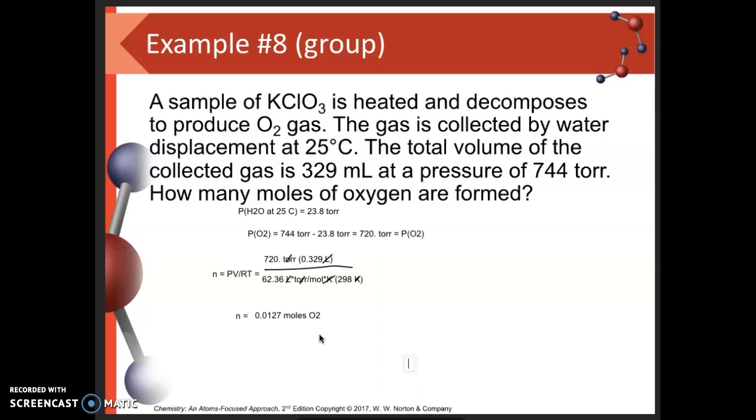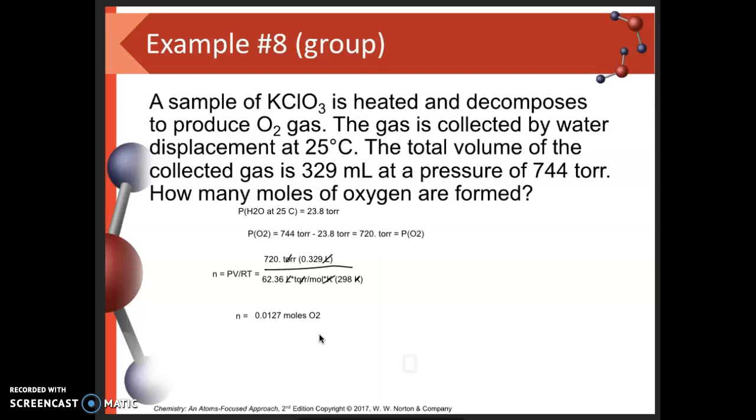I want to end our discussion of gases talking not about a gas law, but about some assumptions we've been making along the way. One of the reasons why we call it the ideal gas law is because it is based upon the fact that the gases that we are studying are behaving ideally.